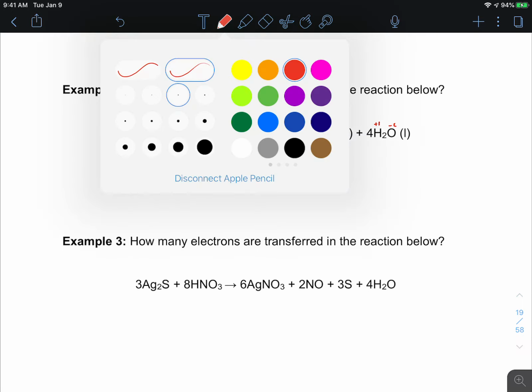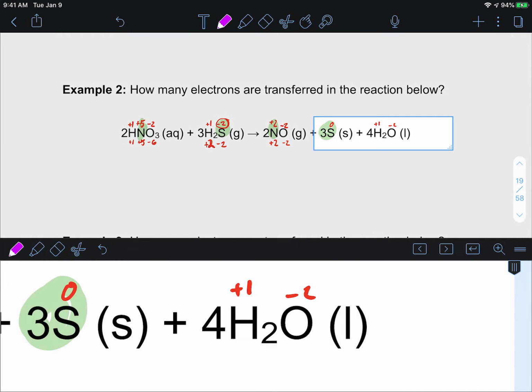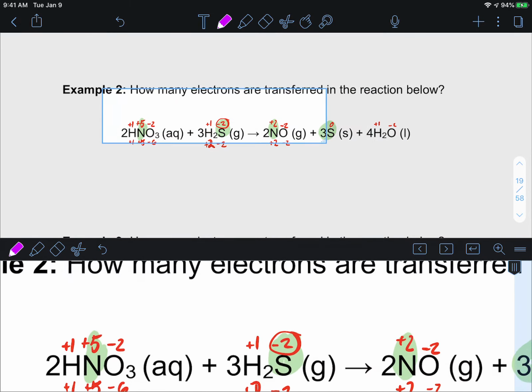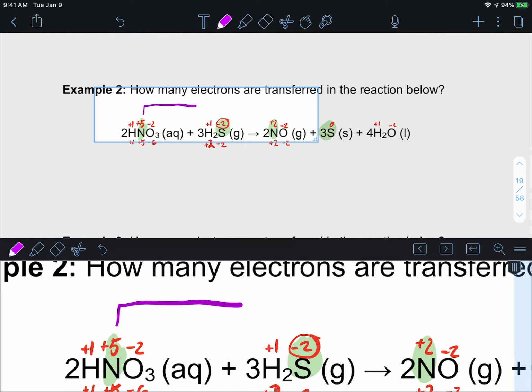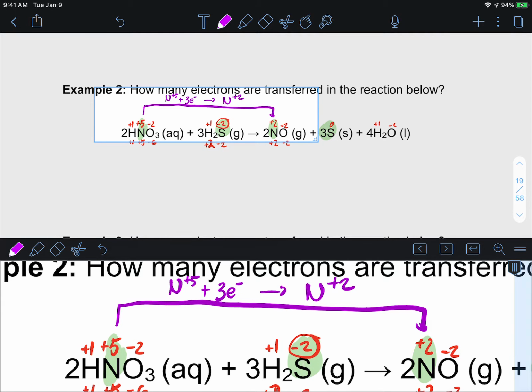For the nitrogen, we see a change from nitrogen +5 to nitrogen +2. So how many electrons did it absorb in this reaction? It must have absorbed 3 electrons in that half reaction.